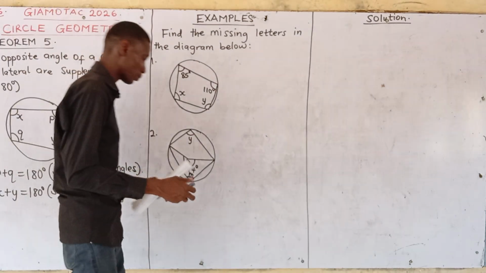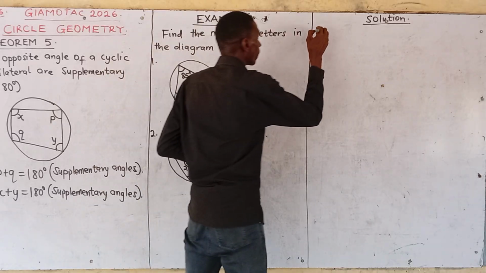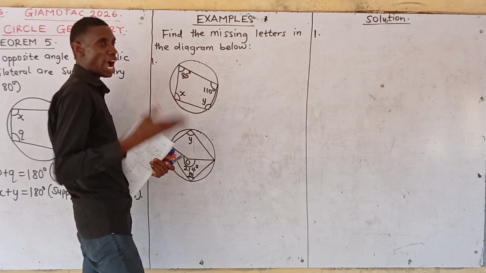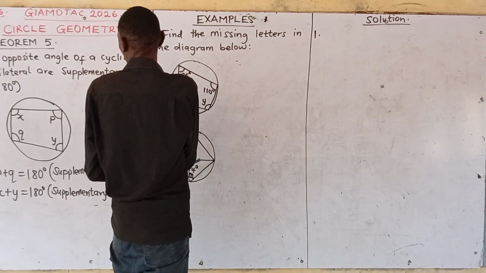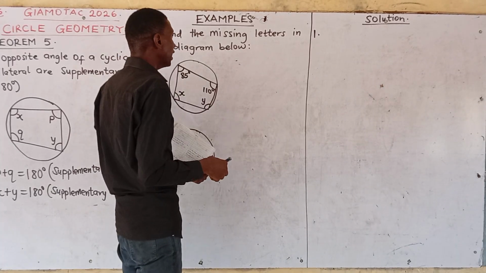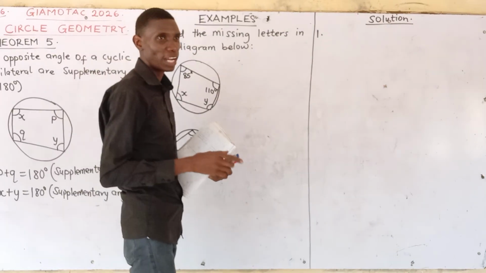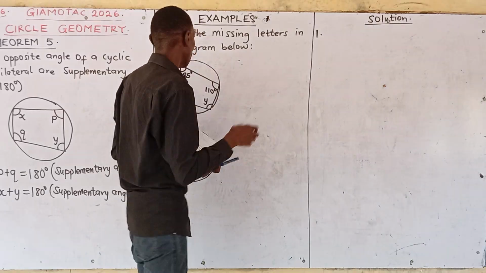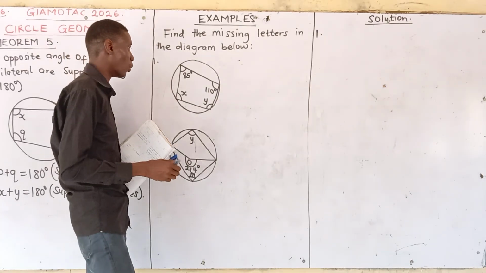Now let's solve. Let's solve number 1. What will be my y? According to theorem 5, the opposite angles of a cyclic quadrilateral are supplementary, that is, equal to 180. That is the law I'm applying to my example number 1.